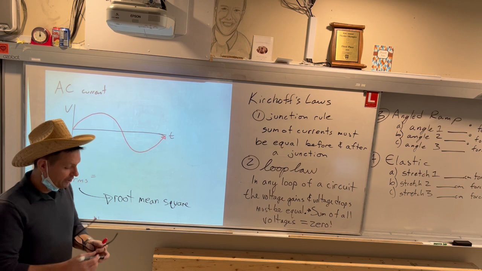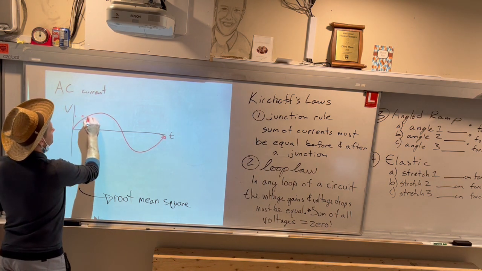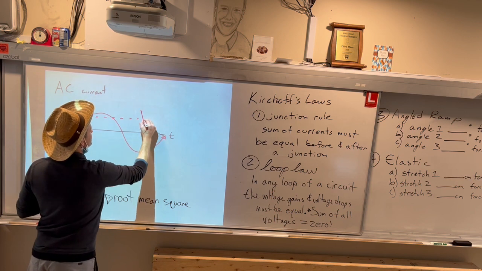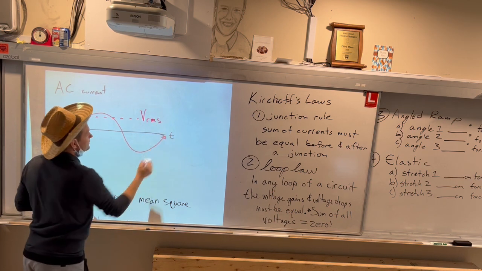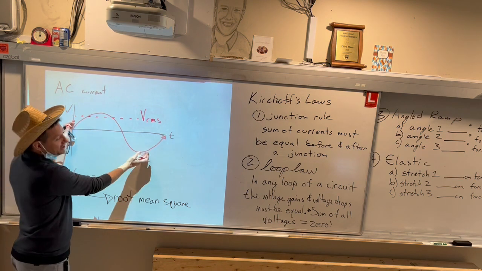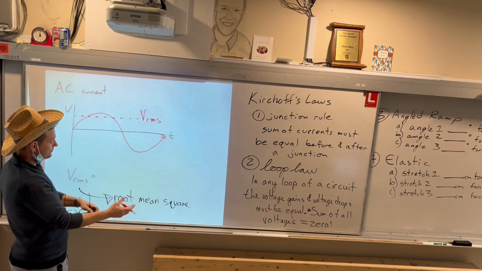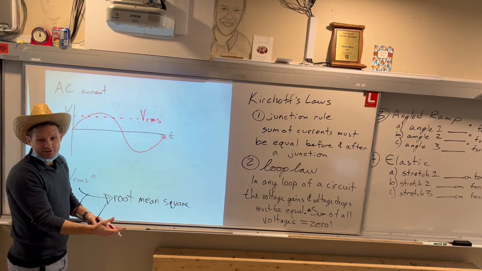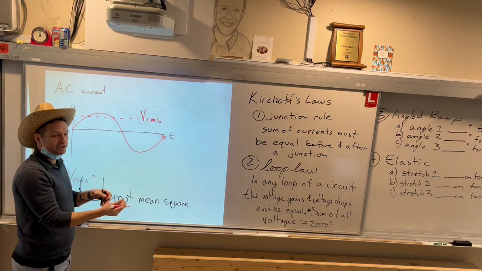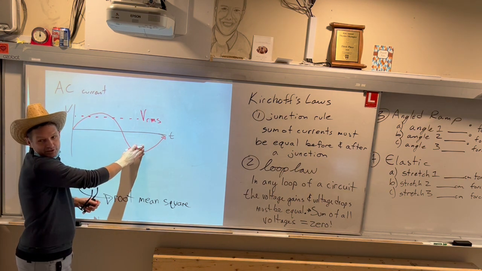So we needed a number, and the number is somewhere about here. This is the VRMS. It's like an average. But of course, if you average all these, you're going to get 0, right? So it's root mean square, which means you take the average and then you square it because you don't want negative values in there.